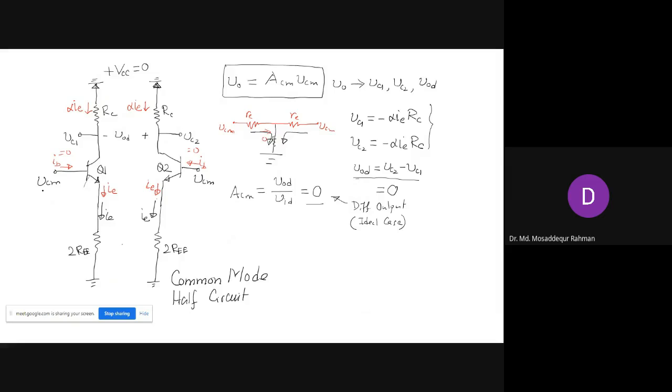We have the common voltage VCM applied to both the input terminals, and in the emitter we have this resistance, the output resistance of the current source, twice of that, 2 RE, and this is high resistance. Any question, guys?